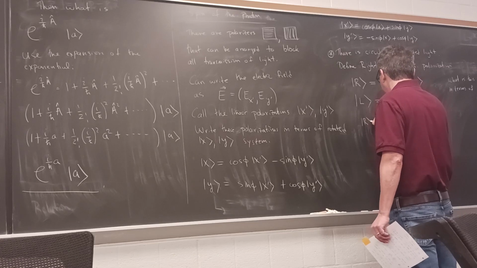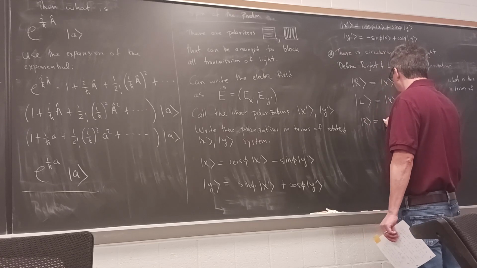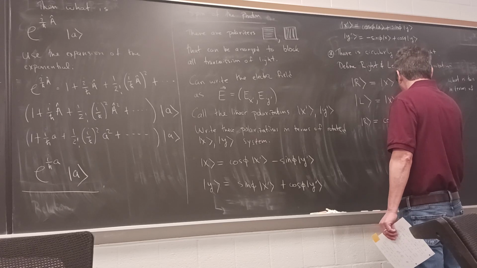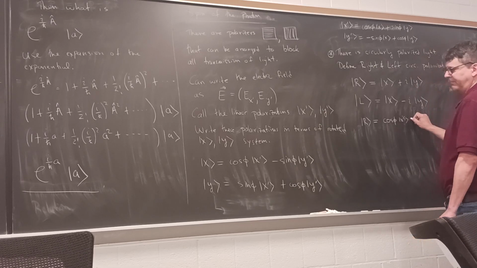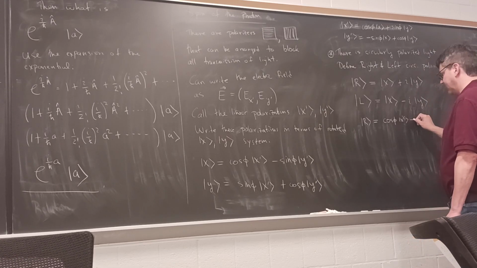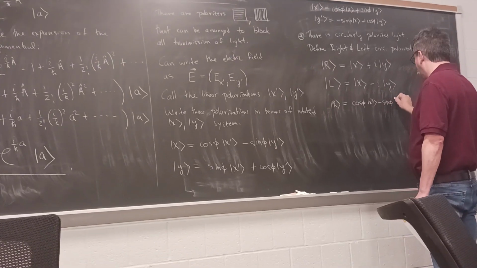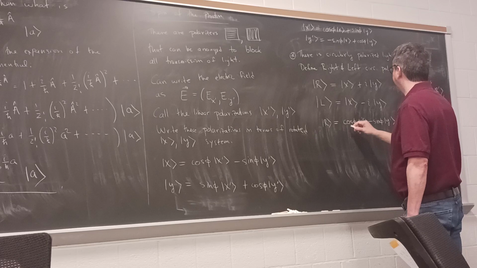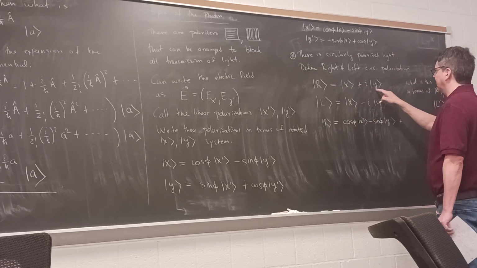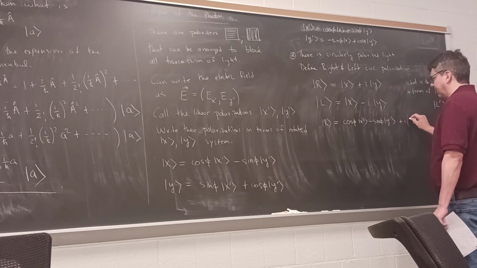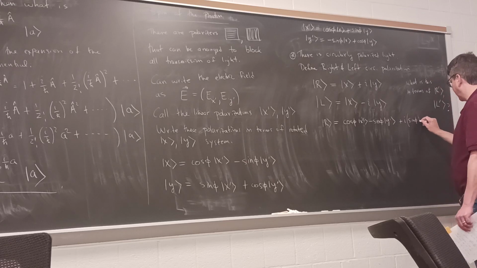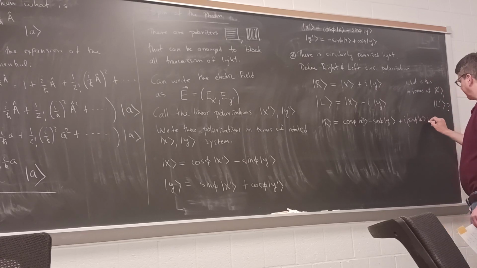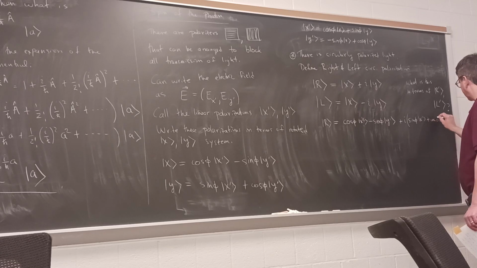So we'll have R is equal to x, which is cosine phi x prime minus sine phi y prime, plus i times y, and y is sine phi x prime plus cosine phi y prime.